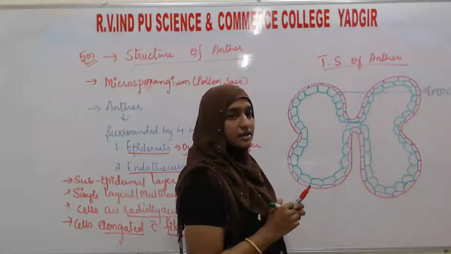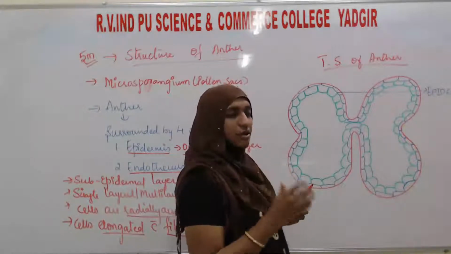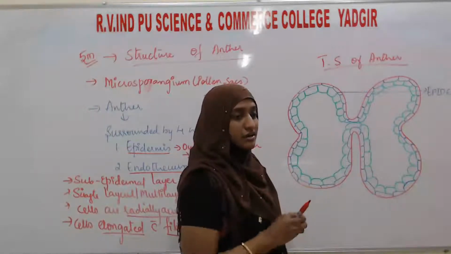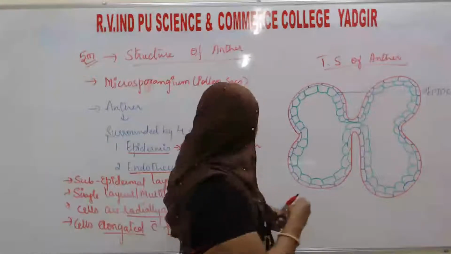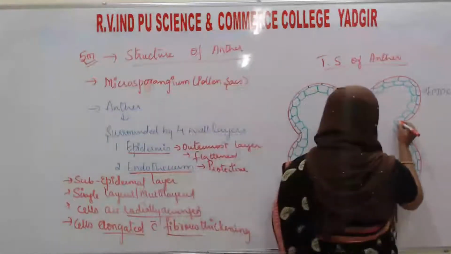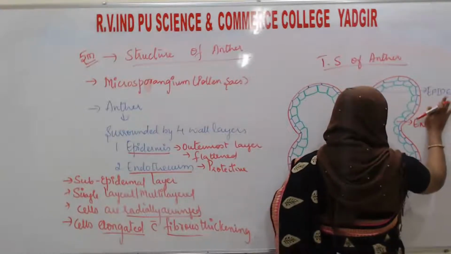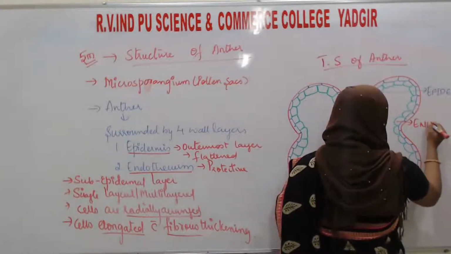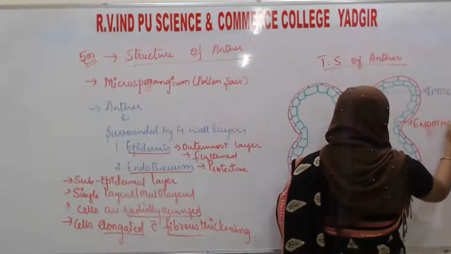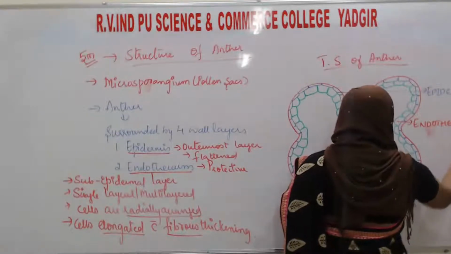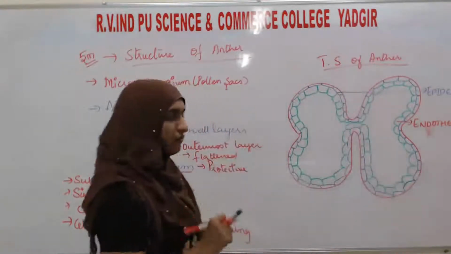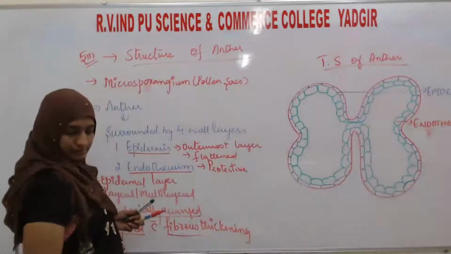In all the anthers, in all the crop plants, in all the plant species, it will not be similar. Okay, so what is this layer? This layer is the endothelium. Then next, the third wall layer.